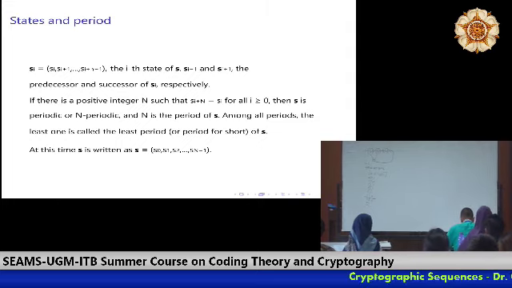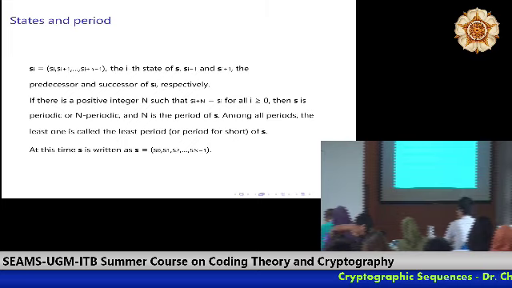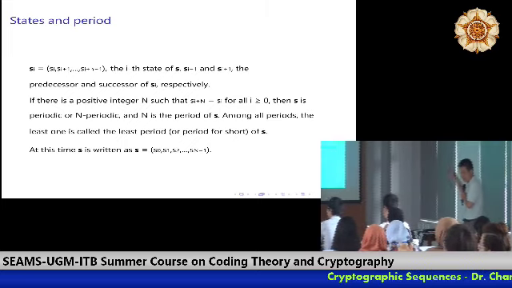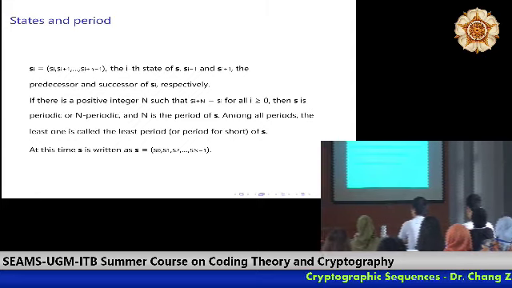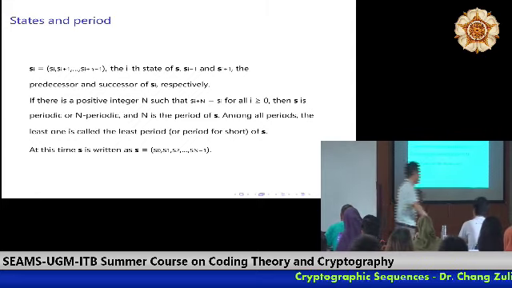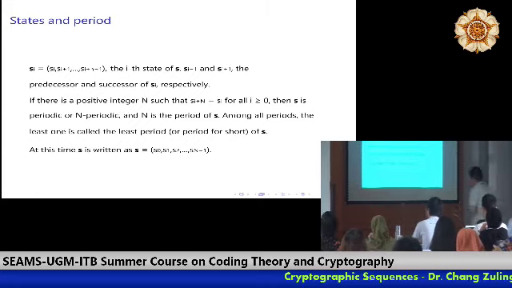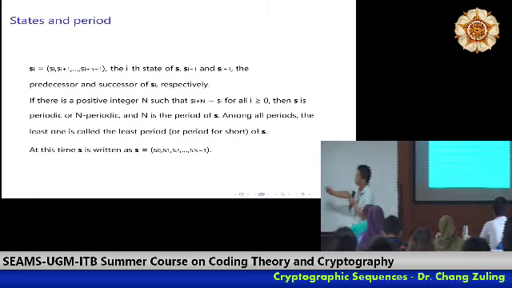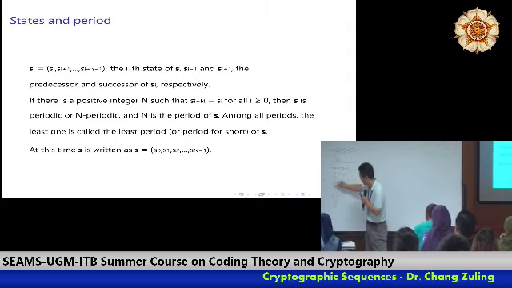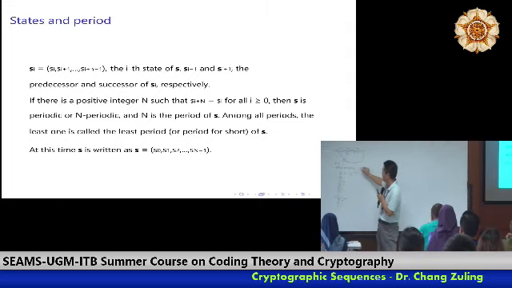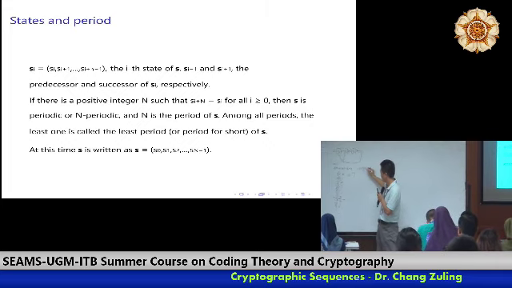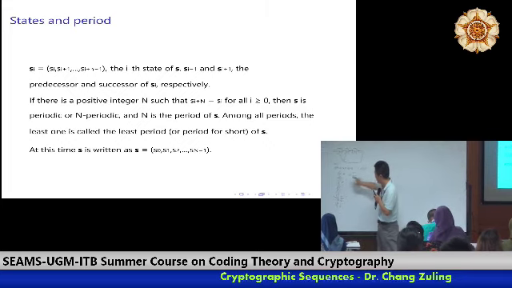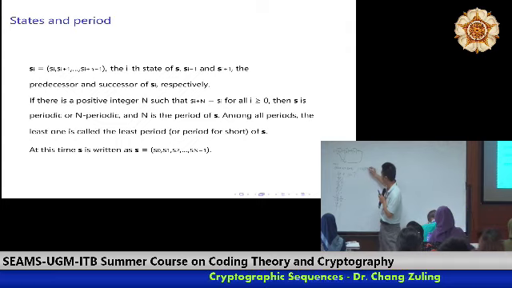Maybe the sequence will have lots of periods. The 7 is a period of this sequence. The output sequence is the first column, which is 1, 0, 0, 1, 0, 1, 1, 0, 0, 1, 0, 1, 1.